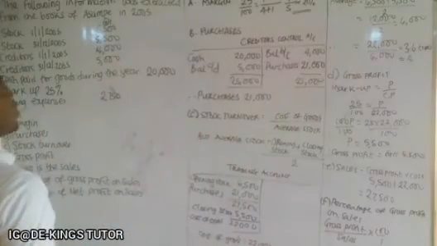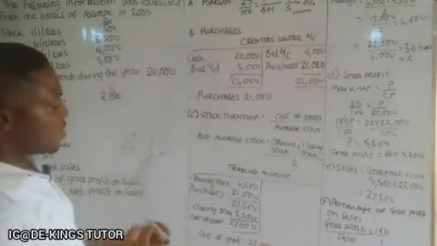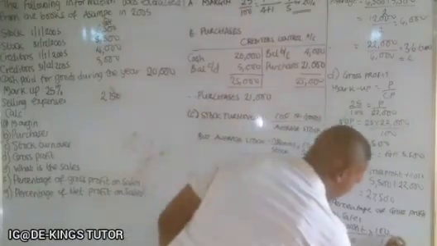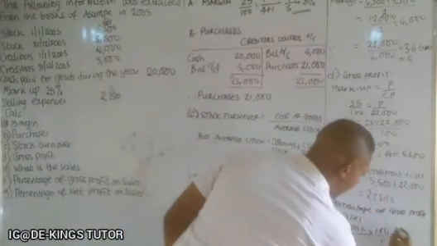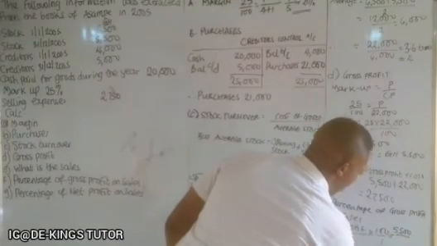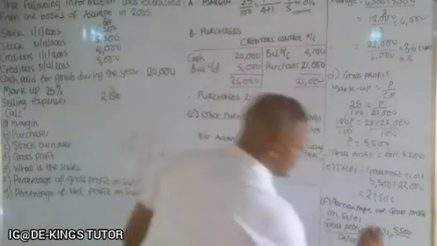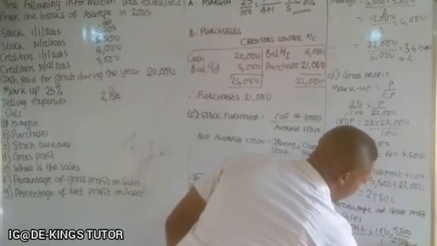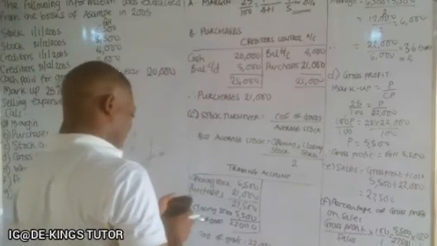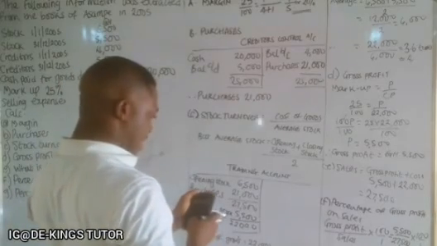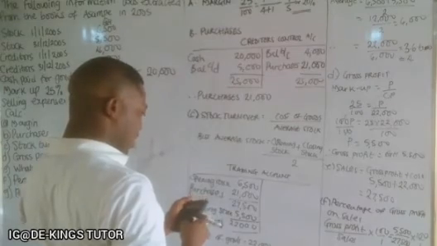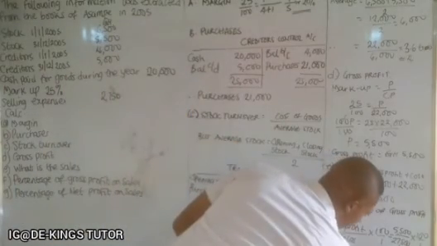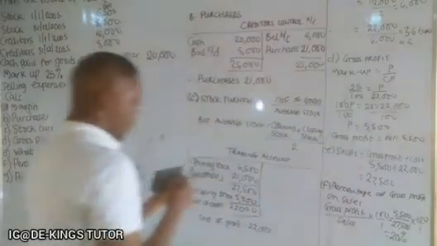We have solved the gross profit as 5,500 over our sales, 27,500, times 100 over 1. So we have 55 divided by 27.5 times 100. So that is 20%. So the gross profit on sales is 20%.